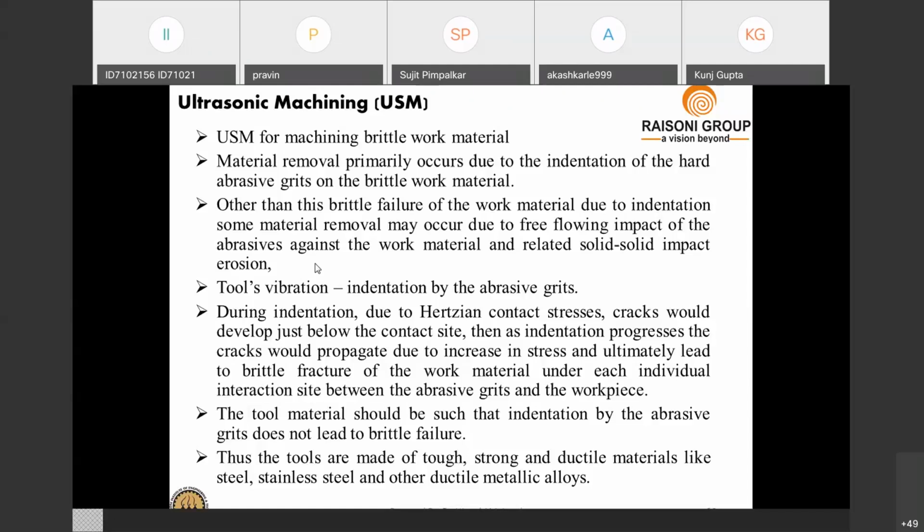Okay, and due to those Hertzian contact stresses, cracks will develop, and when more machining is done, those cracks will propagate and increase the stress. And when the stress increases and cracks propagate, that will lead to brittle failure of the work material. Okay, and in that way, material gets removed from the work surface.